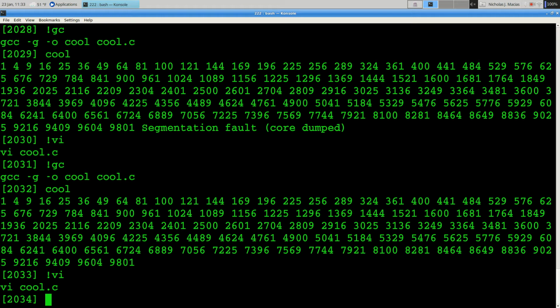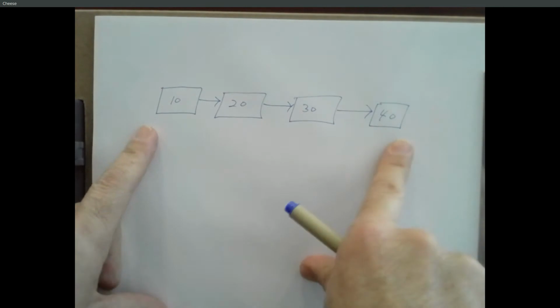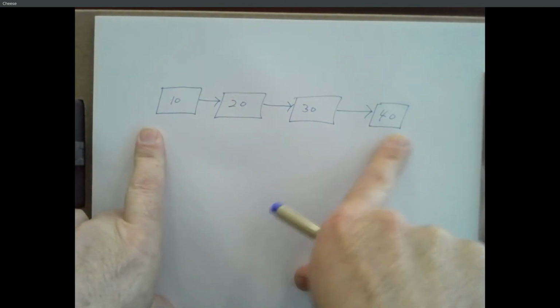So let's just think of a simple list, for 4 data nodes, and this last node points to null.